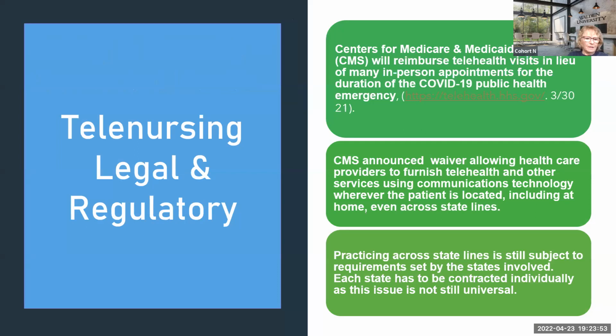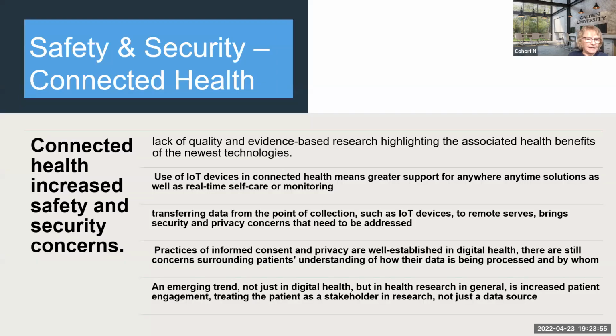So next, looking at safety and security, connected health has increased safety and security. Looking at the concerns, certainly there's a lack of quality and evidence-based research. We're analyzing within the big data realm, and data rivers, and integration and analysis is really a big deal.